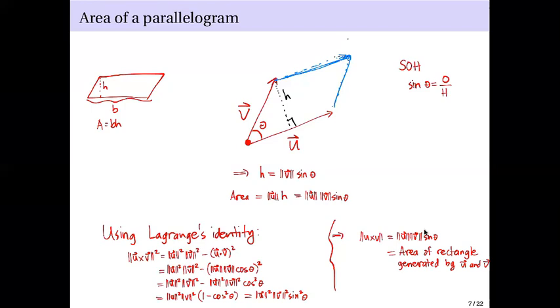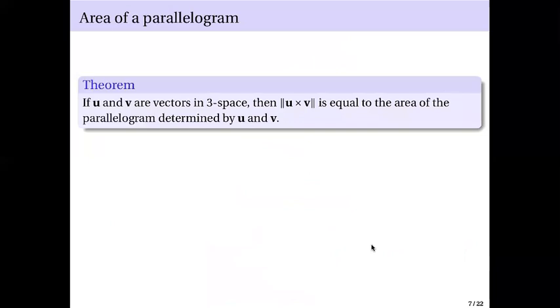So it means you have two vectors, u and v. You draw the parallelogram with sides u and v. If you want to get the area of that, however they are positioned, all you have to do is get the cross product and the norm. Okay?